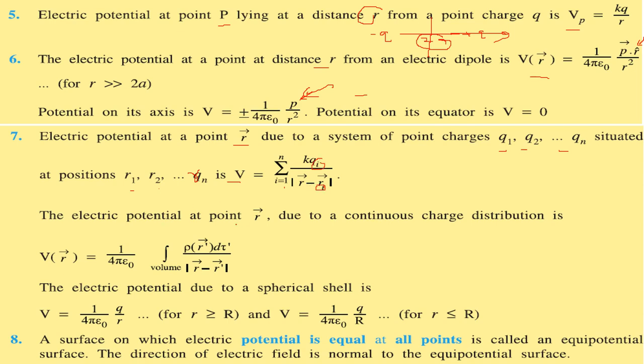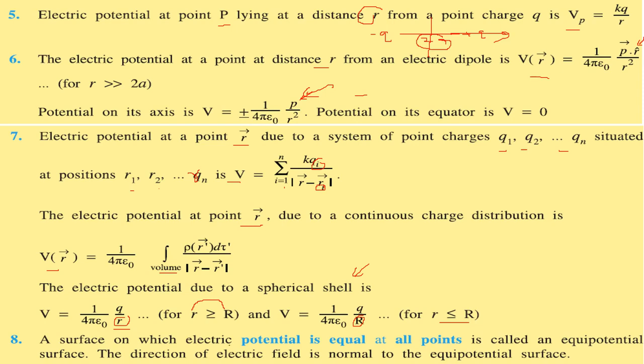The electric potential at point r due to a continuous charge distribution is given by V of r equal to 1 by 4 pi epsilon naught integral over the whole volume of rho of r dash d tau by the magnitude of r minus r dash. And the electric potential due to a spherical shell is given by 1 by 4 pi epsilon naught q by r when r is bigger than R. When r is less than or equal to R, V is given by q by 4 pi epsilon naught R. This small r becomes capital R here.